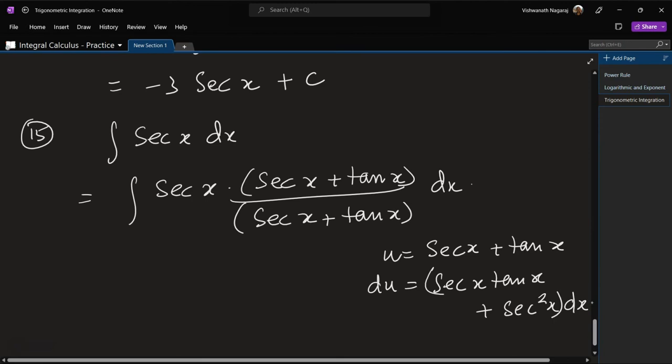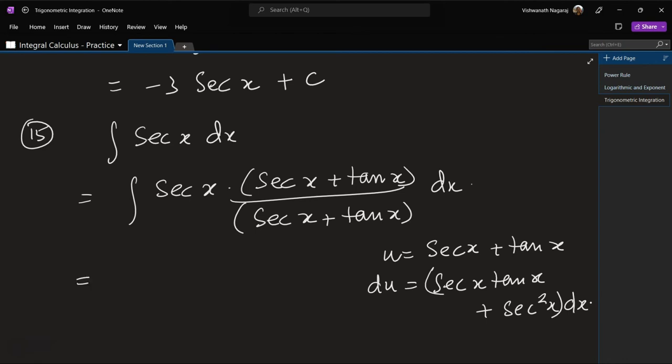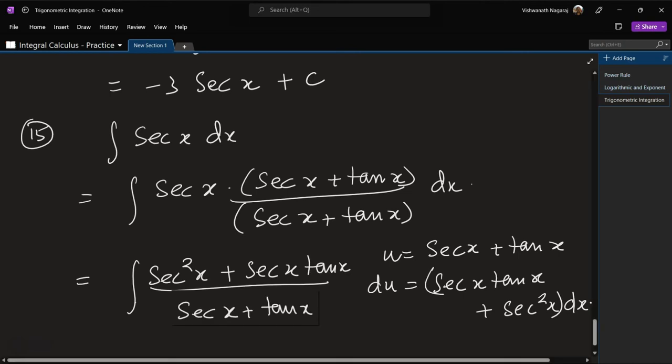So if we differentiate the denominator, we get the numerator. That's the idea. Okay, we need to distribute it so that we get clarity. Sec square x plus sec x tan x by sec x plus tan x dx.